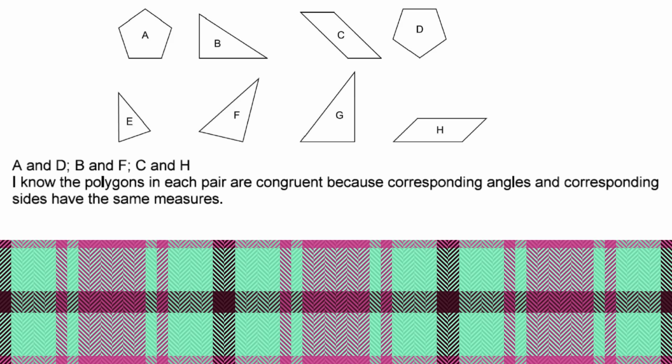For B and F, they are also congruent. C and H are also congruent. And the second part of that question was they wanted to know how we would decide. I know that polygons in each pair are congruent because corresponding angles and corresponding sides have the same measures.